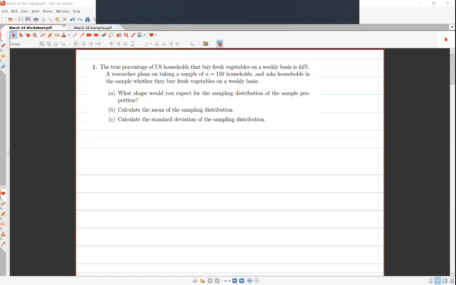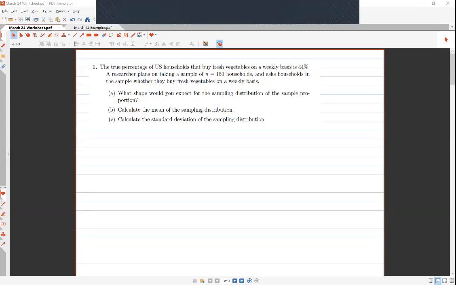If I take a sample of 10 TCU students today and I ask for their GPA, and I take another sample of 10 TCU students tomorrow and I ask for their GPA, and on each day I calculate the average, I'm going to get 2 different numbers. And so each time I take a different sample, I get a different number. And so that collection of the values I can see from all the possible samples for a specific statistic, we call that a sampling distribution.